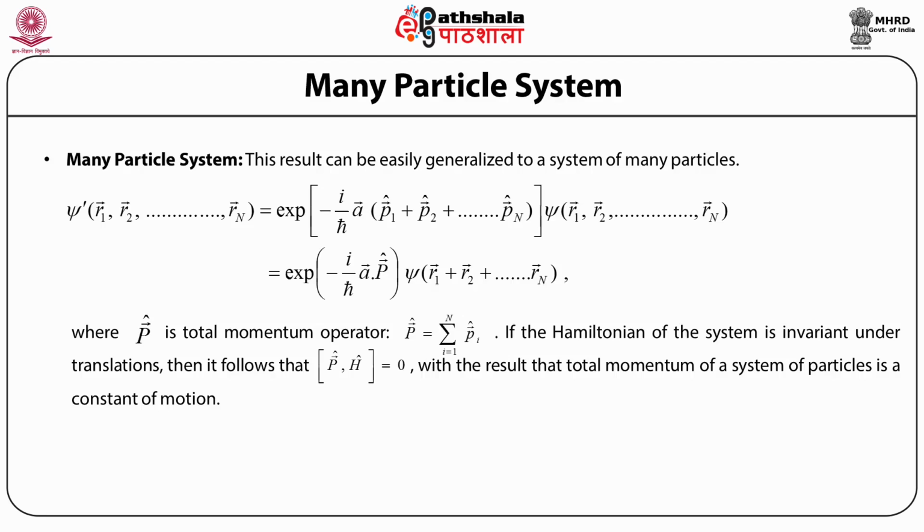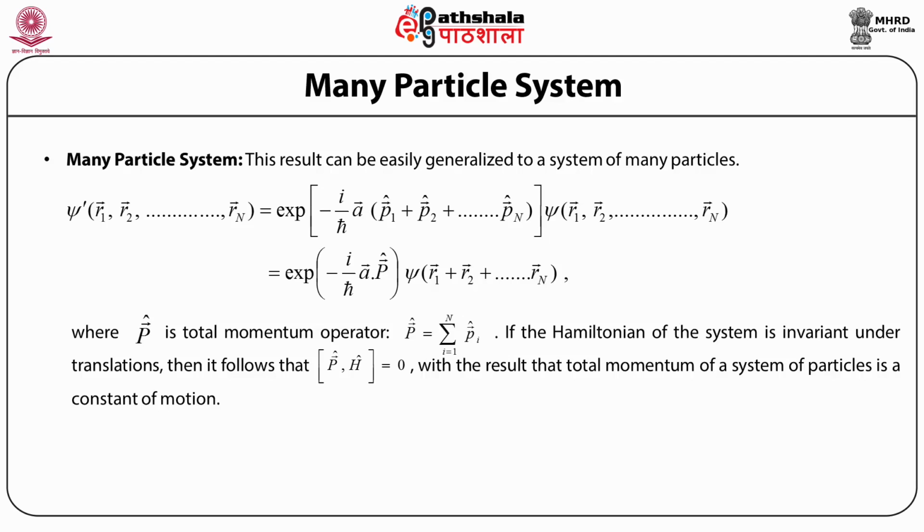So, the wave function for n particles is given by psi prime as a function of position vector r1, position vector r2 and so on, and position vector rn, where the position vectors r1, r2 and so on, rn, are the position vectors of the first, second and so on, and the nth particle respectively.